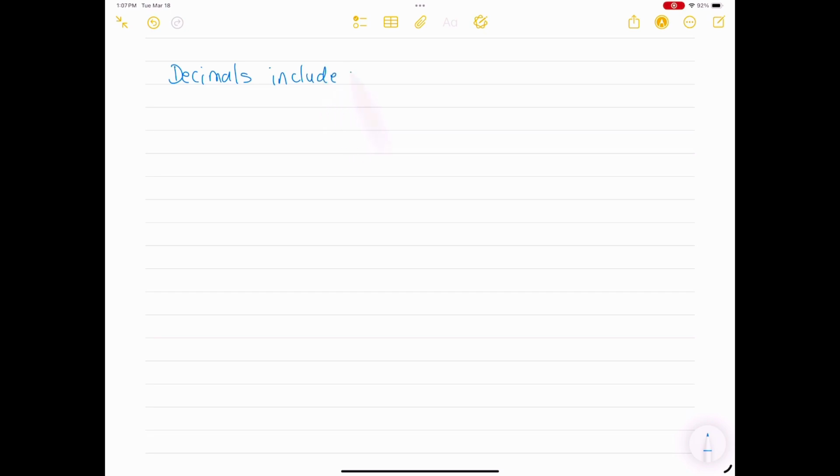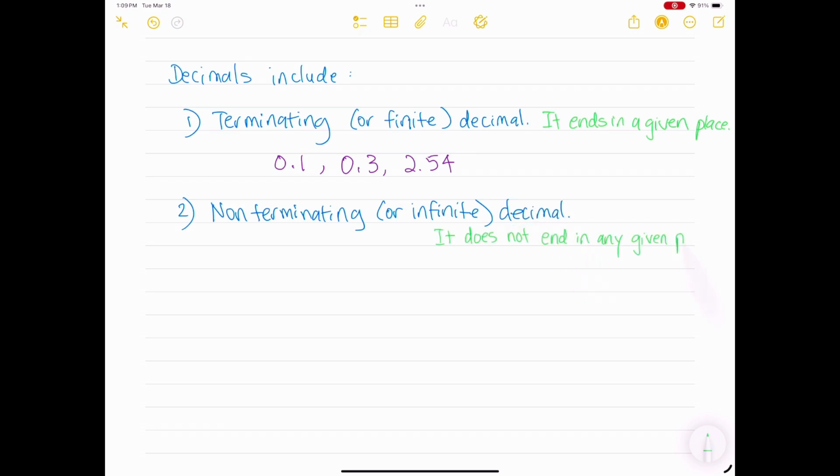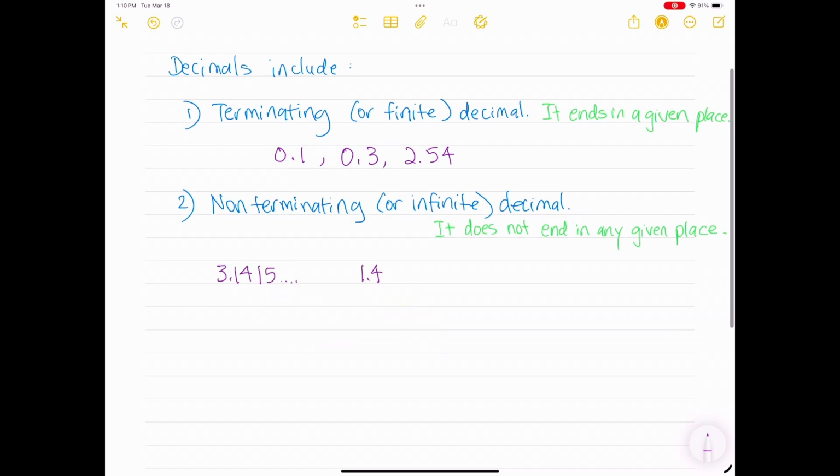Decimals include terminating or finite decimals. It ends in a given place, like 1/10 or 3/10 or 2 54/100. Non-terminating or infinite decimals do not end in any given place: 3.1415 and on, 1.4142 and on, 1.7320 and on, 2.71828 and on.